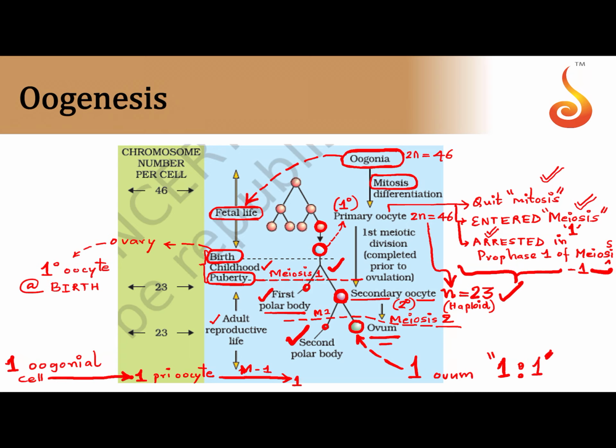There are two daughter cells, however one of them is tiny and it dies, so it gives us one secondary oocyte. And the secondary oocyte undergoes meiosis 2, M2, to form one functional ovum. So we started with one oogonial cell, we end up with one ovum. Is that clear to all of you? So this is the ratio you need to remember, 1:1 as opposed to 1:4 in the case of spermatogenesis.